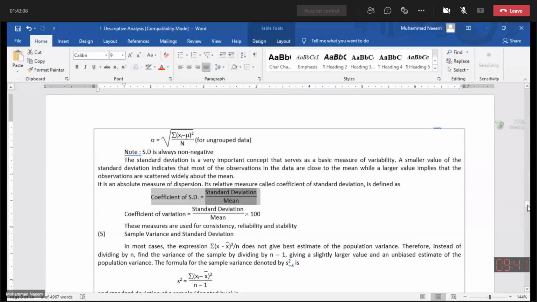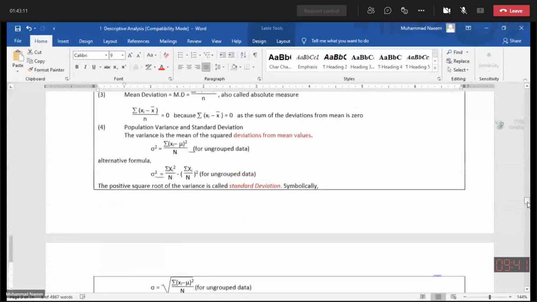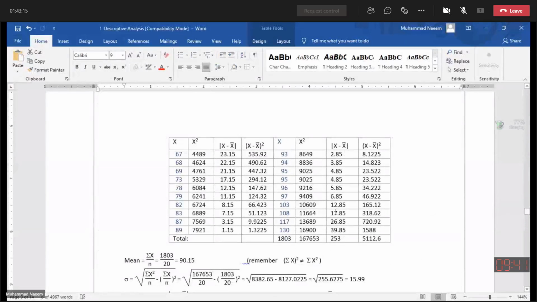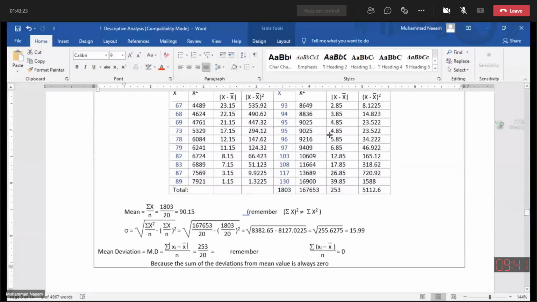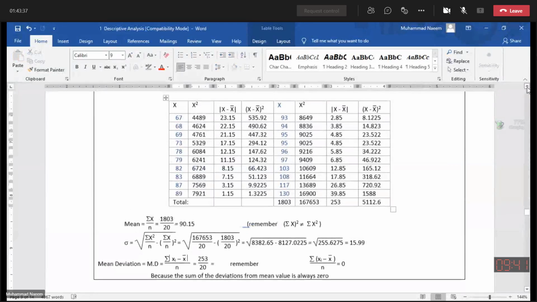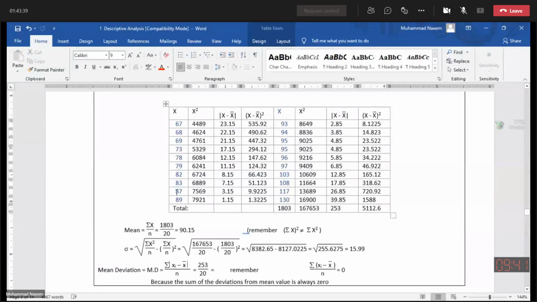For the calculation of all these measures, we just have to construct a table. For example, we are given these blue highlighted 20 values in our data. Sum up and divide by their number, we get the mean value.